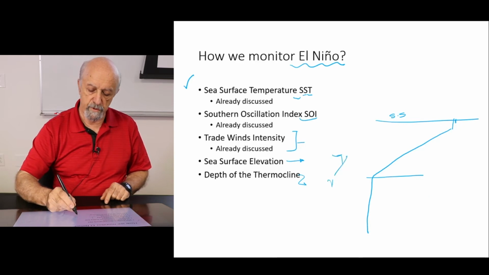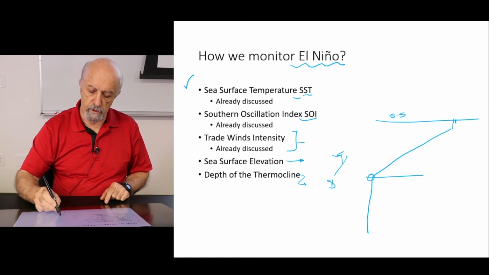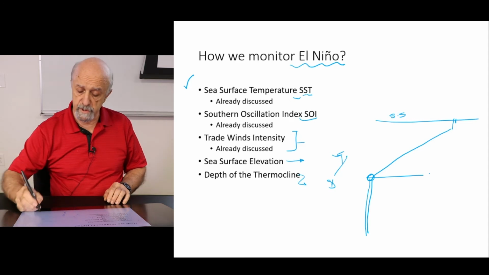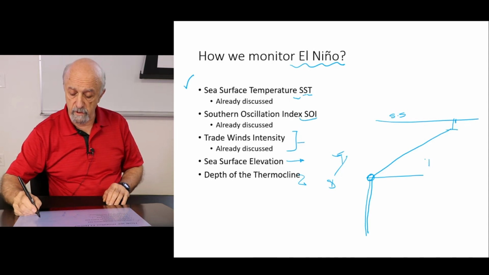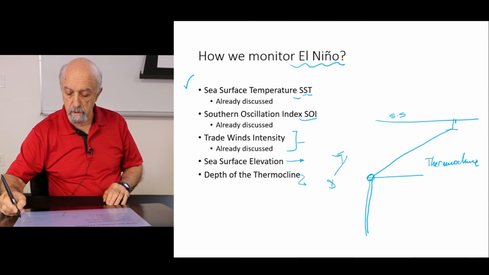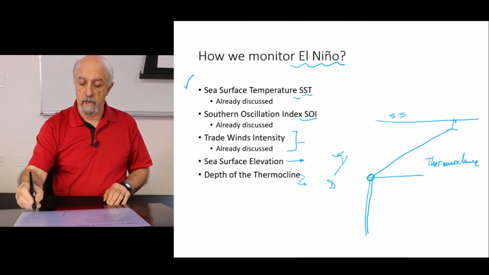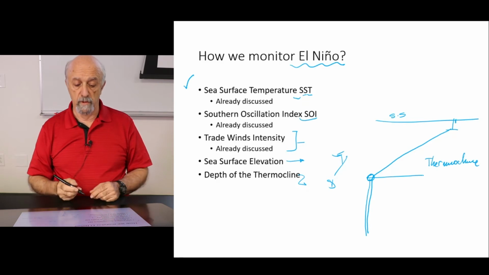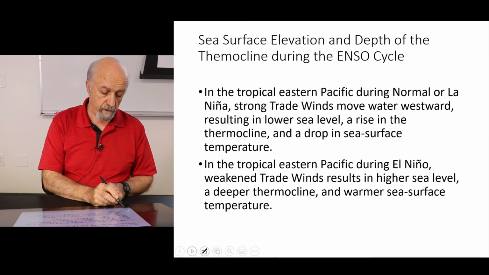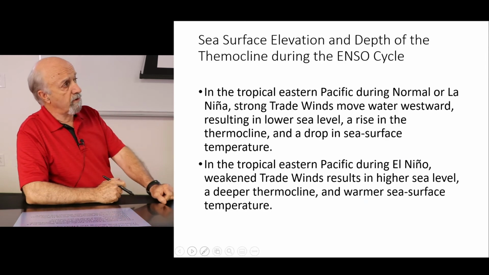That's also depth. There's a point where it's no longer such a quick decrease in temperature. This area here is called the thermocline. So if this line is higher or lower, it has also to do with this phenomenon. But it's much more difficult to measure.